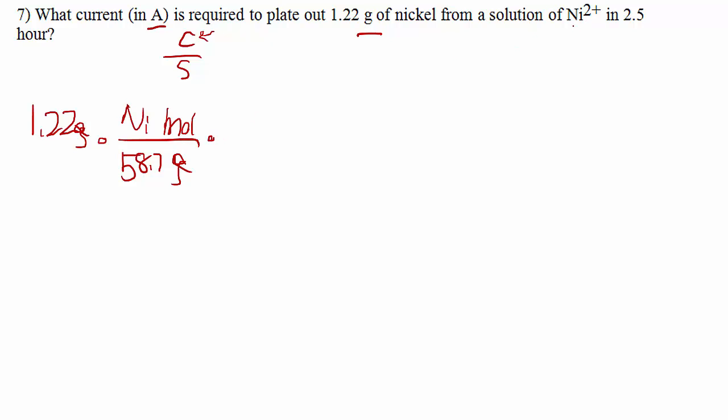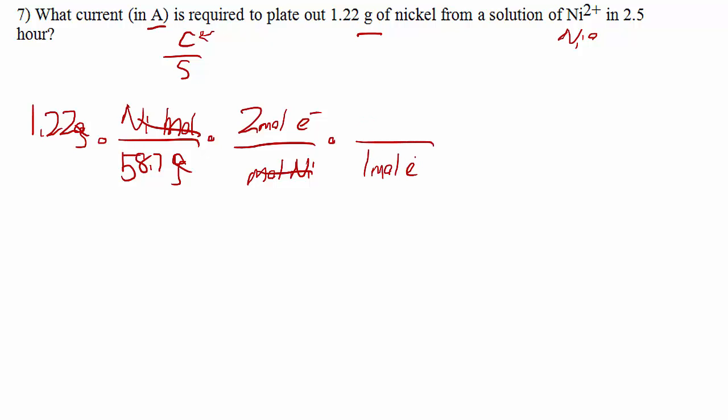It's going from plus 2 to Ni 0. So it takes 2 moles of electrons for every mole of nickel. Moles of nickel cancel out. I'm left with moles of electrons. Now how do I convert electrons to charge? 1 mole of electrons is 96500 coulombs, giving me my charge.